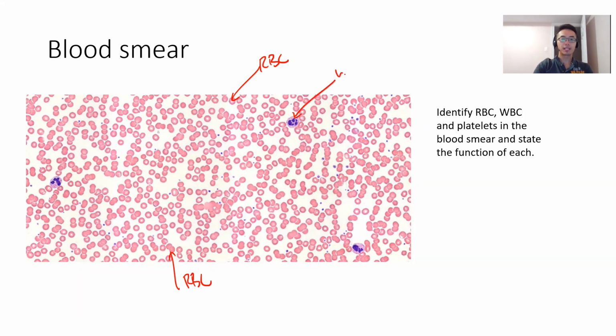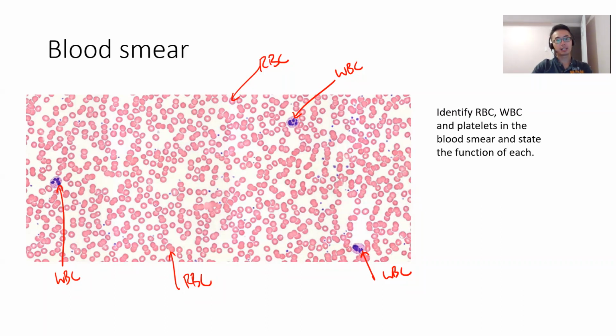This would be the white blood cell. Right? So you have a white cell here, you have another white cell here, and then you have another white cell. Remember, only about 1% of your blood is white cell. So that's why they are kind of scarce. And platelets. Anybody see the platelets here? Where are the platelets? Someone describe to me where the platelets might be.